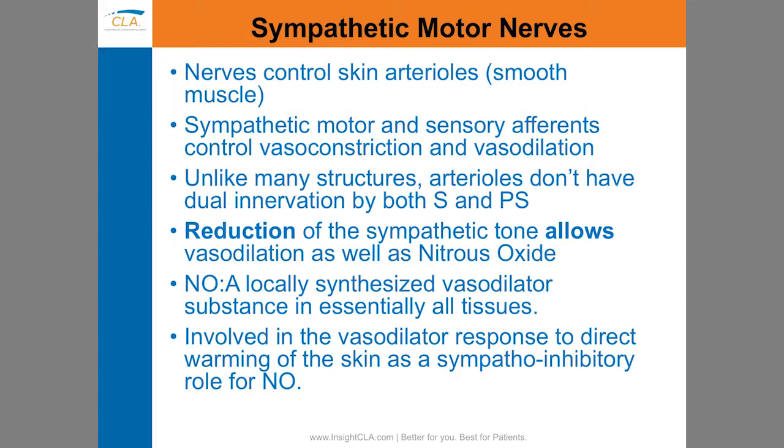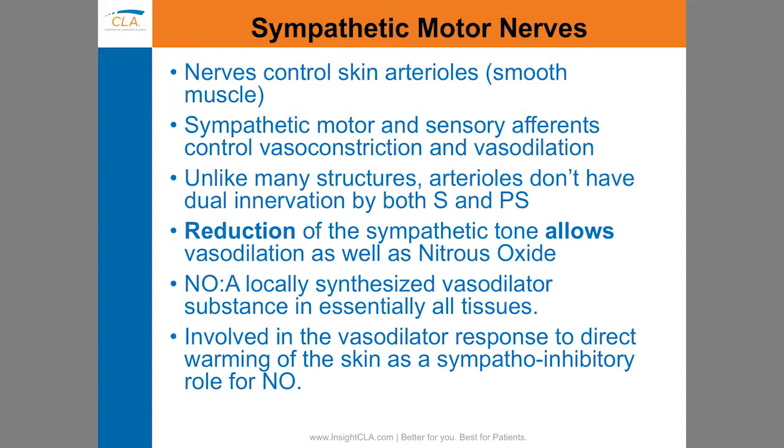So here's what goes on: if the sympathetic motors are causing vasoconstriction through the release of norepinephrine, then if you have reduced sympathetic tone, that allows vasodilation. There happens to also be a locally synthesized vasodilator substance known as nitrous oxide, which is associated with all tissues.